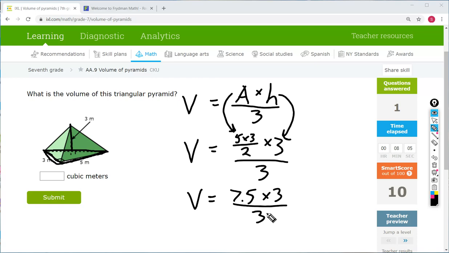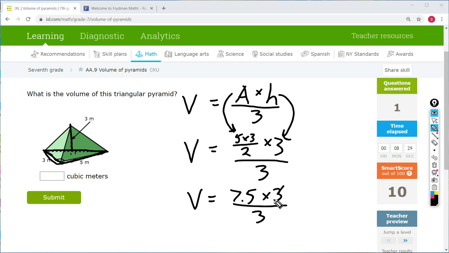Now, we could do this a couple of ways. We could say 7.5 times 3 is equal to 22.5, and 22.5 divided by 3, you can use a calculator for that, but that would give you 7.5 again.